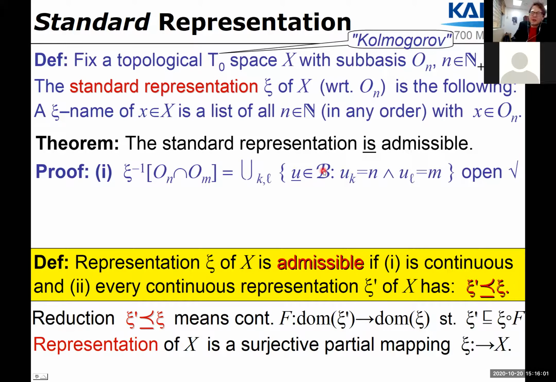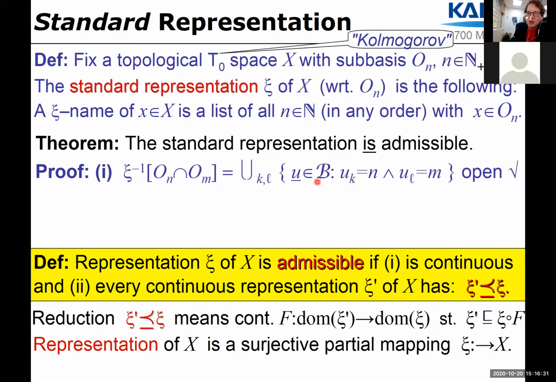So we have thus expressed the preimage of this intersection of two subbase elements as a countable union of this set. Now recall what is the topology of Baire space. I think a subbase is the set of all sequences where one entry is fixed.